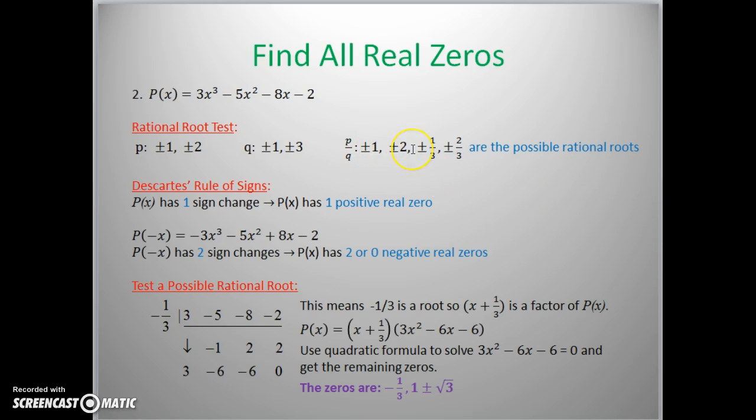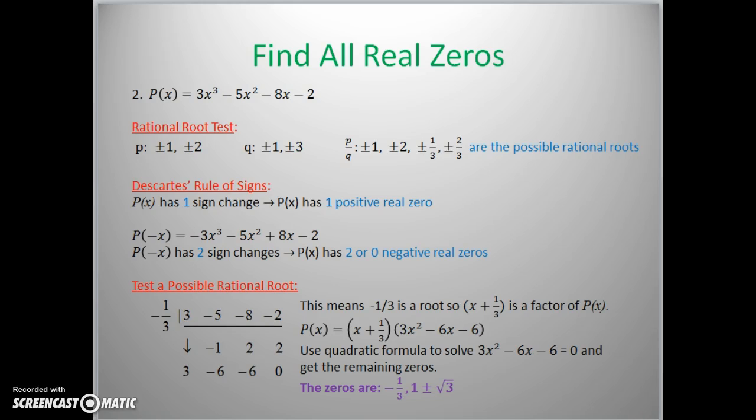And I definitely understand why you'd want to try plus or minus 1 or plus or minus 2. And I did try those, but neither of those were zeros. Neither of those rational numbers were zeros. They did not give me a remainder of 0 when I divided synthetically.